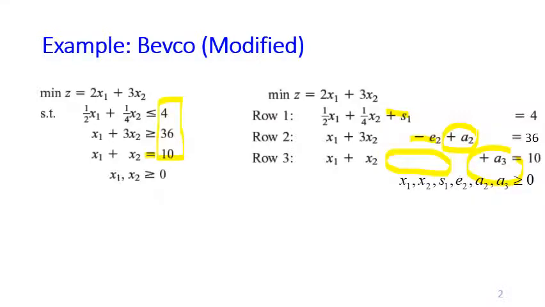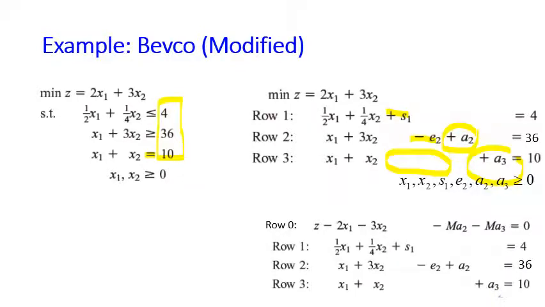And then you know that when we want to do the Big M method, you need to penalize all the artificial variables that appear on your model. So because this is a minimization problem, in row 0, you will have M times A2 and then M times A3.